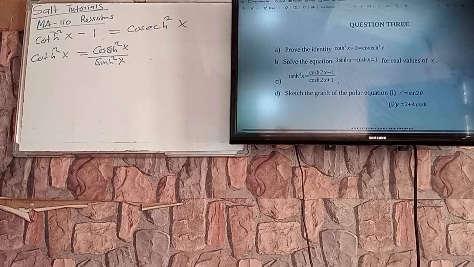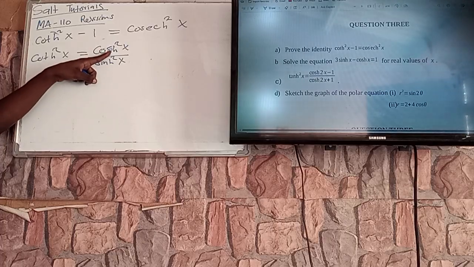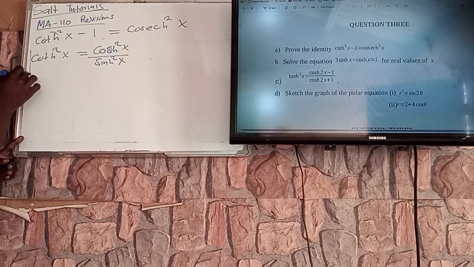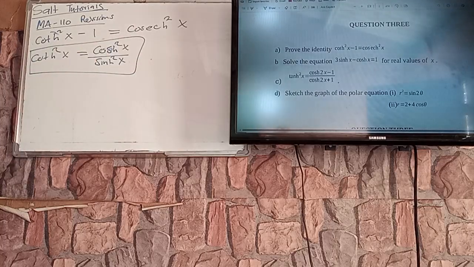If it was for tan, it is sine over cos. So these are the same identities under trigonometric functions. But between hyperbolic and trigonometric identities, the only difference is the Pythagorean identity, where sine squared plus cos squared equals 1, but for the hyperbolic there is a minus. When you recall this, things become very simple.